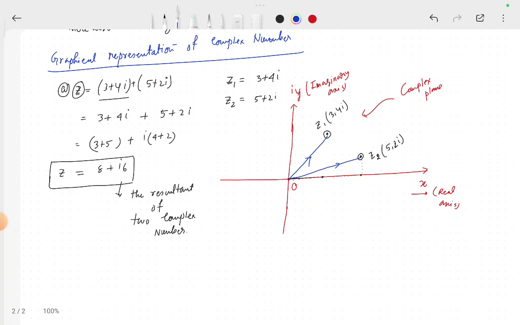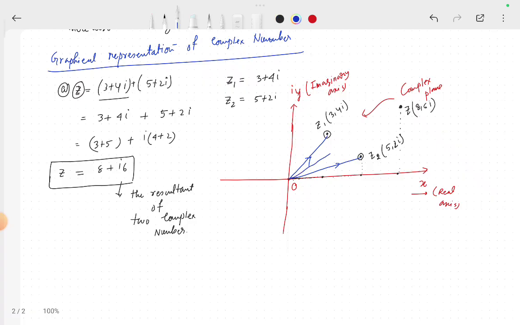Now the resultant of these two complex numbers is 8 plus 6i. Let's say this is the point 8 and 6 is taken here. So this point is Z, that is 8, 6i.